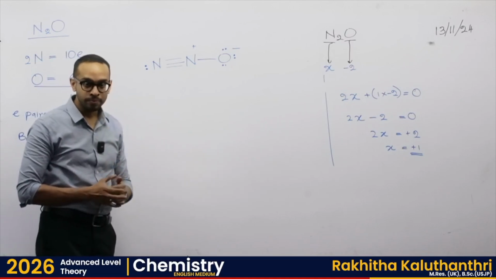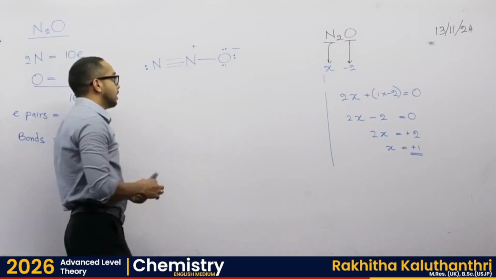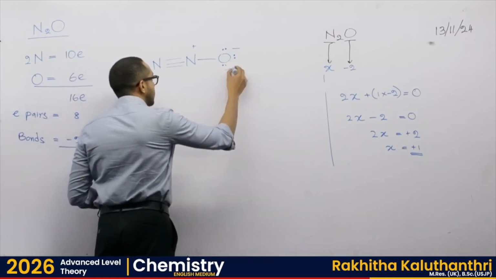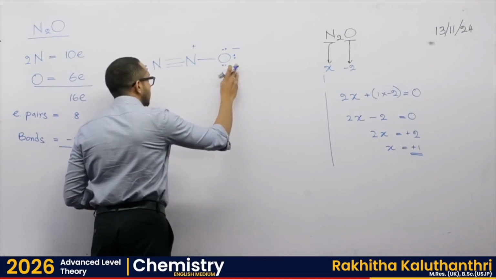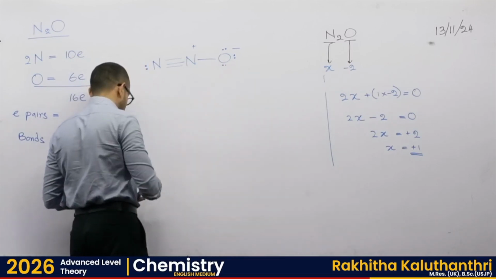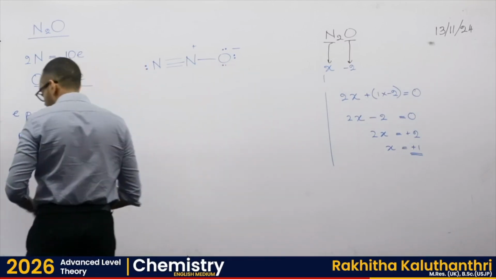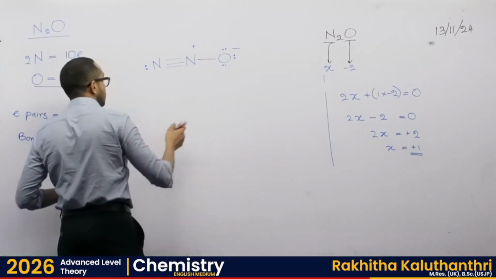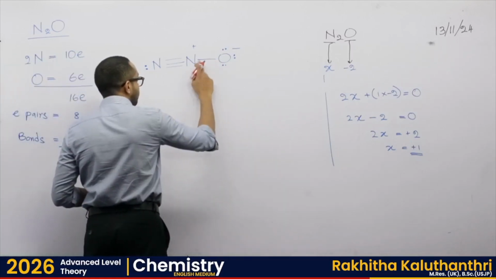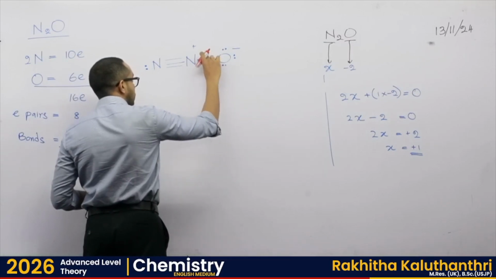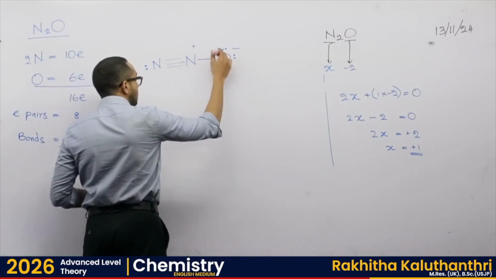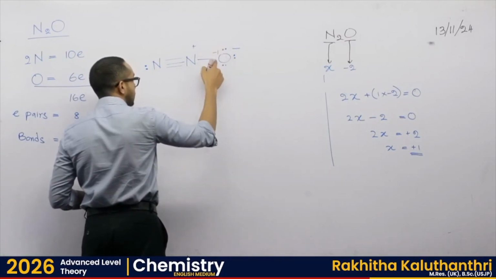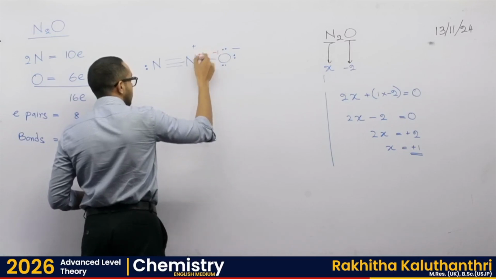Is that clear? Therefore students, if you take a look at it, you can see how the bonds are polarized. Oxygen is more electronegative than nitrogen. So therefore this particular bond is polarized. The bond electrons are more attracted towards oxygen. So therefore in this bond, this side is -1, this side is +1.